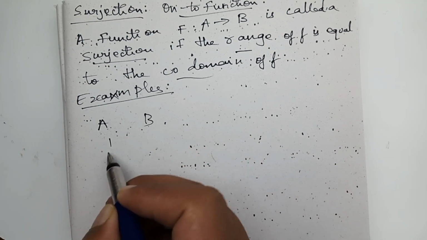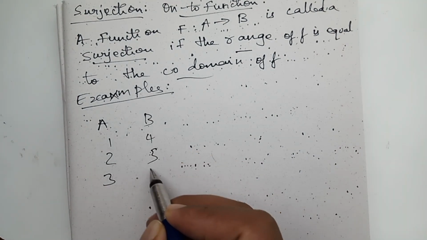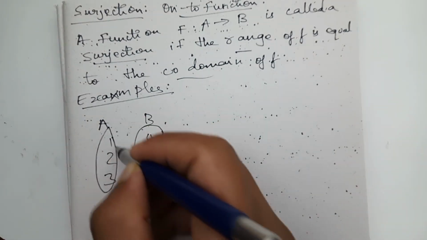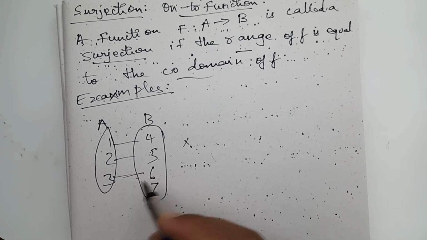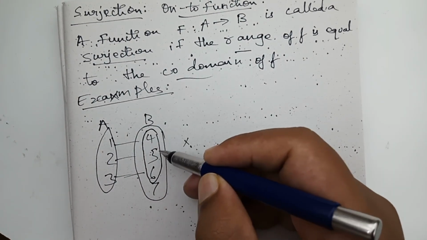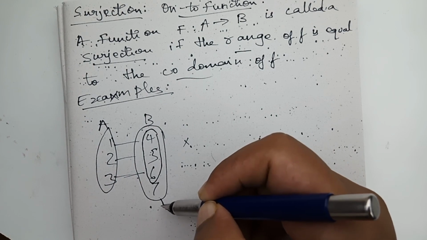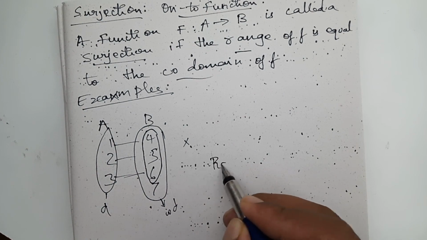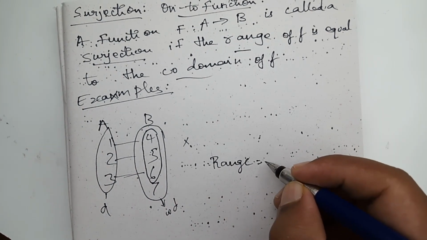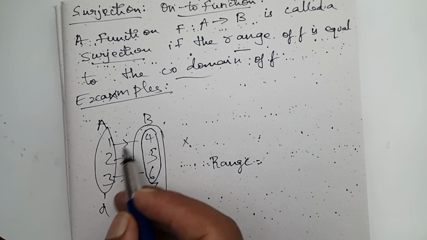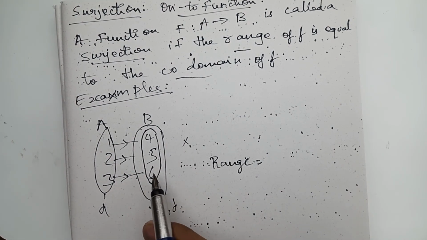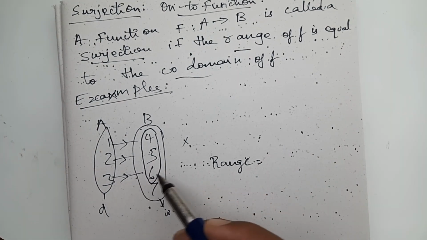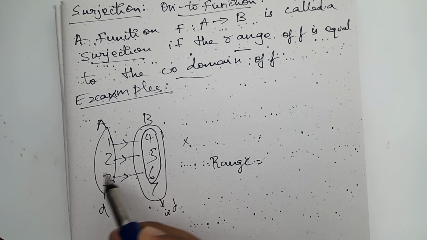A, B, 1 2 3 4 5 6 7. This is not a surjection, as the range is 4, 5, 6 and the codomain is 4, 5, 6, 7. The number of images the codomain has is known as the range.